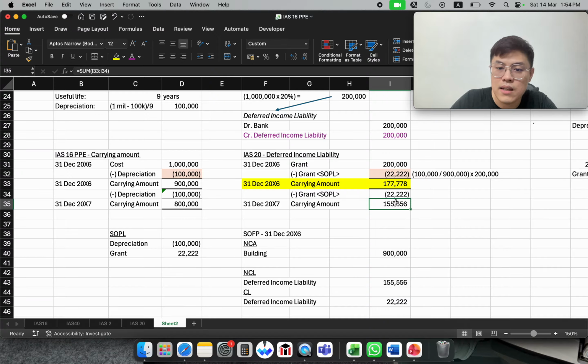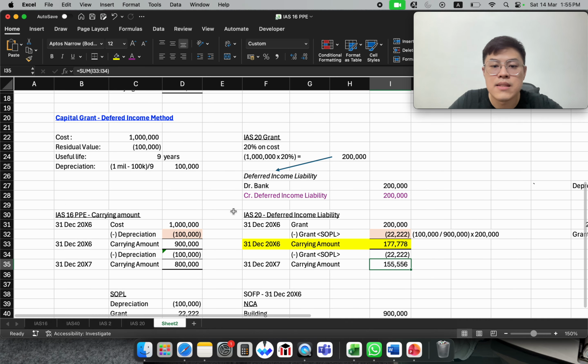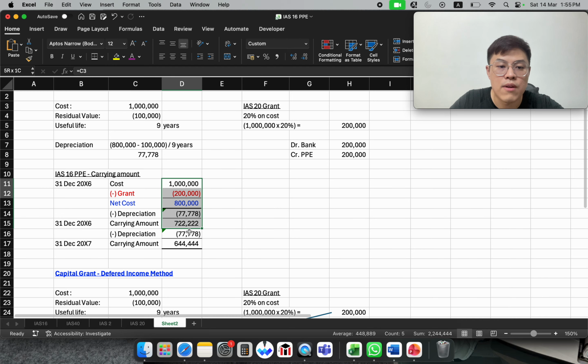As you can see, this number is something that you are going to release after the next 12 months, so it's considered non-current liability. This is something that you need to be aware of and take note of when you are doing your IAS 20 deferred income liability method. So as you can see, the first method is very straightforward.